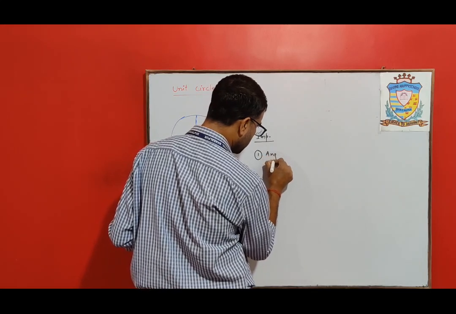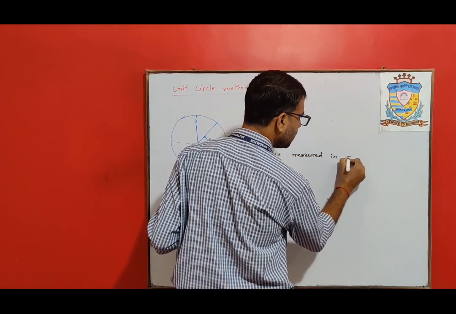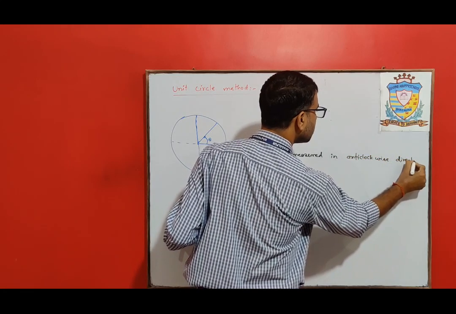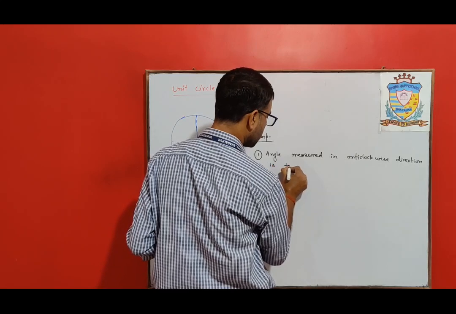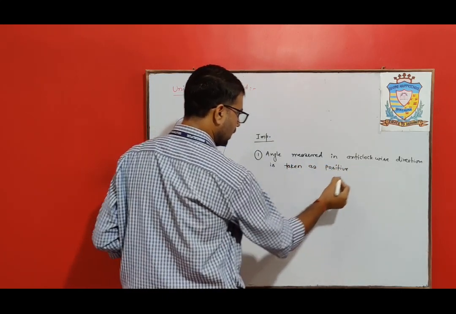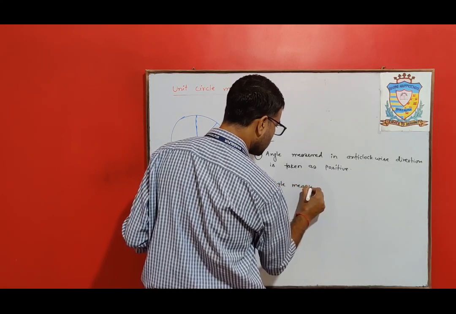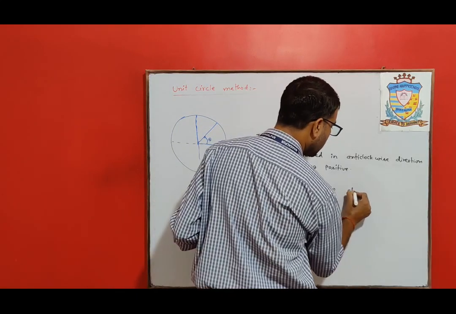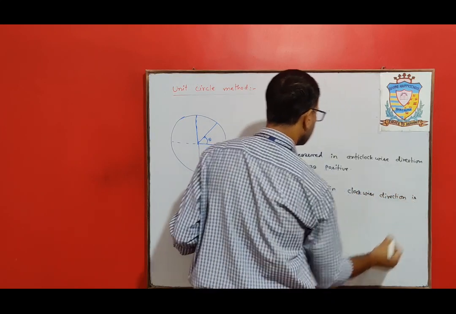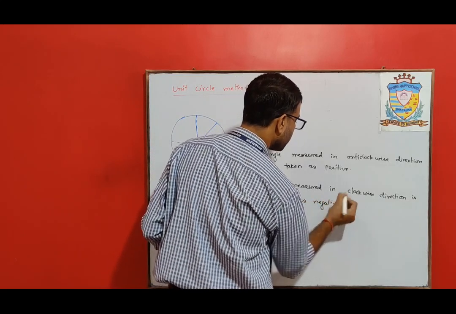Angle measured in anti-clockwise direction is taken as positive, and second, angle measured in clockwise direction is taken as negative.